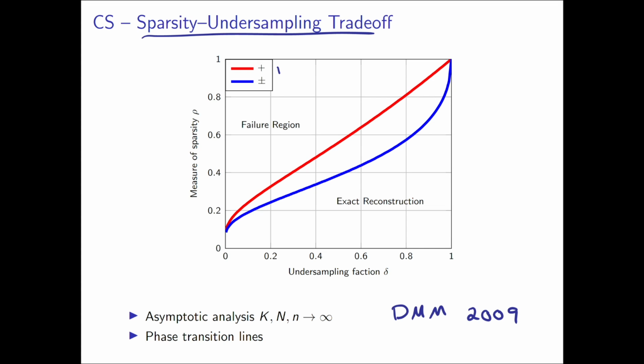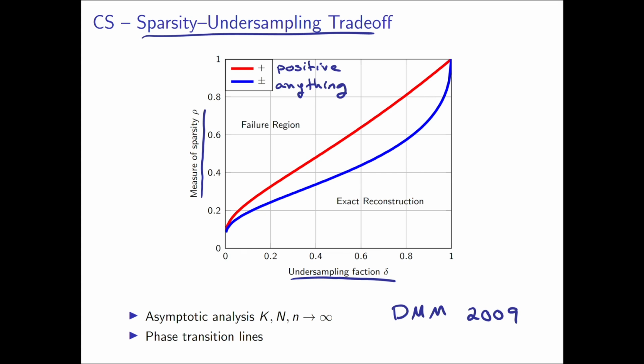The curve in red corresponds to a sparse problem where non-zero entries are known to be positive, whereas for the blue curve, the non-zero entries can be anything. On the x-axis, we have the undersampling fraction, delta, which is the height of the sensing matrix over its width. On the y-axis, we have the measure of sparsity, rho, which is the ratio of the number of non-zero entries in s over the height of the sensing matrix.